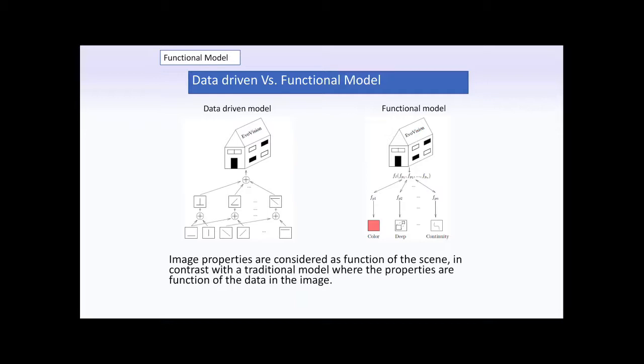We believe that the input image can be represented not by a number of patches, but the information can be processed considering a number of mathematical, computational functions. So image properties are considered as functions of the scene, in contrast with a traditional model where the properties are functions of the data in the image.